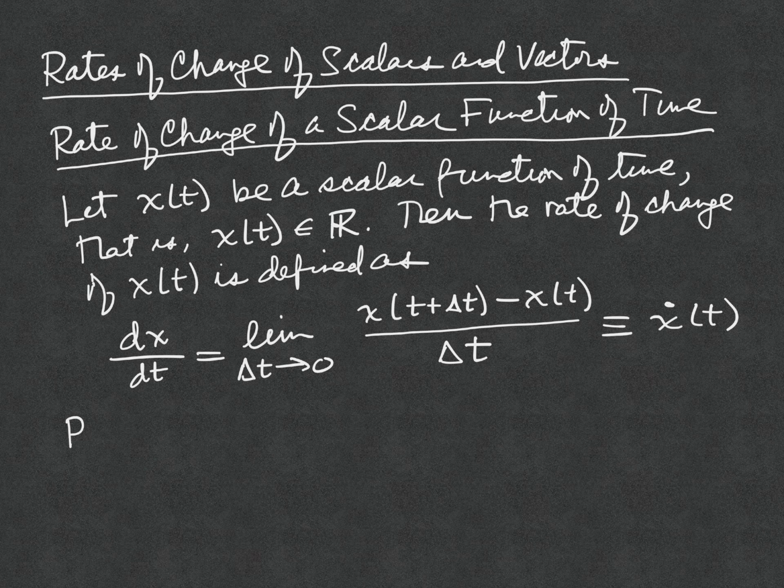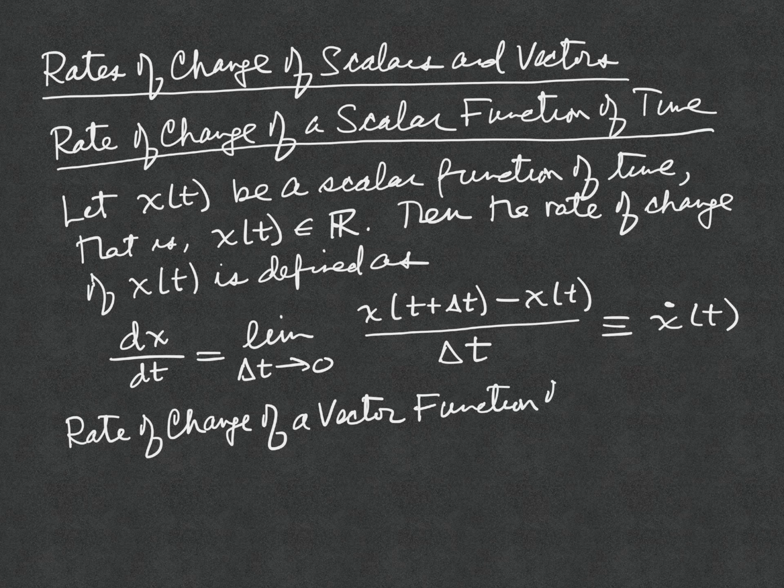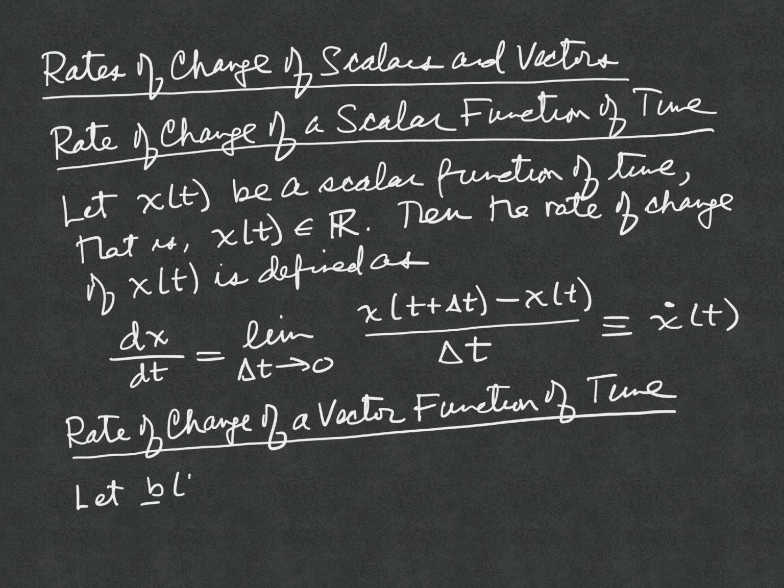Now that's okay for scalars, but for vectors, it doesn't work quite so simply. So now we have to deal with the rate of change of a vector function of time. In this particular case, the rate of change depends upon the reference frame. We can see that as follows: suppose b is a vector function of time. So let b of t be a vector function of time.